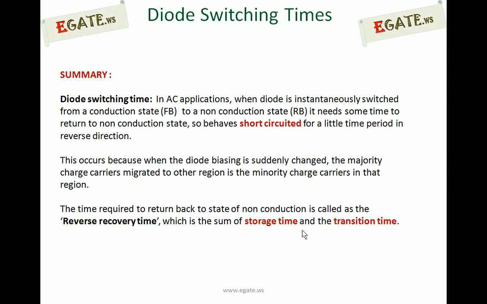This occurs because when the diode biasing is suddenly changed, the majority charge carriers that migrated to the other region are the minority charge carriers in that region. The time required to return to the non-conduction state is called reverse recovery time, which is the sum of storage time and transition time.